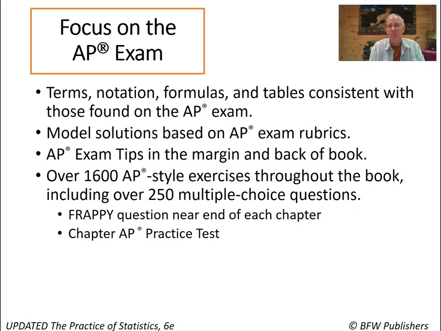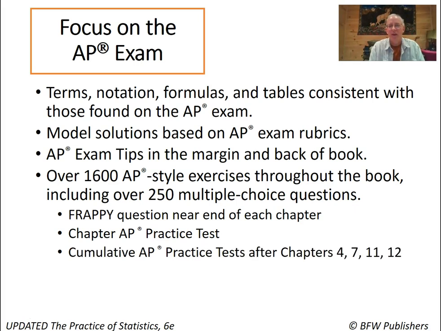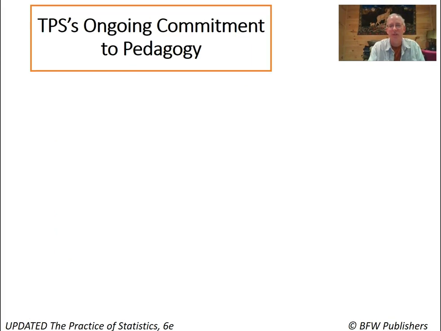We have a chapter AP practice test with about 10 multiple choice and about 3 free response items similar to AP style. And we have cumulative AP practice tests that build in length, starting after chapter 4, then chapter 7, chapter 11, and finally chapter 12. The one after chapter 12 is meant to mirror a full-length AP exam developed by Michael Legacy, a two-time member of the Test Development Committee.